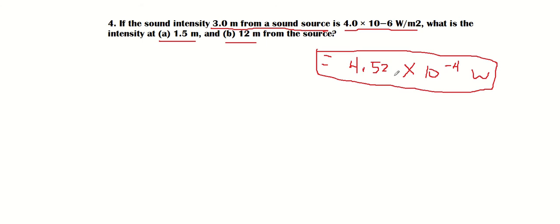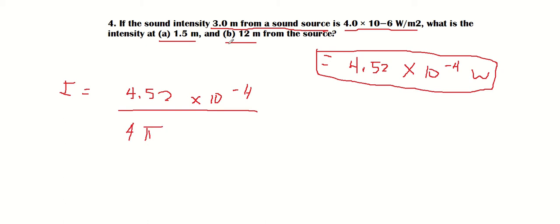So ngayon, since meron na tayong value ng power, pwede tayong diretsong mag-calculate ng sound intensity kapag 1.5 meters away. So substitute lang. Diretso lang dito, 4.52 times 10 raised to negative 4 divided by 4 pi.